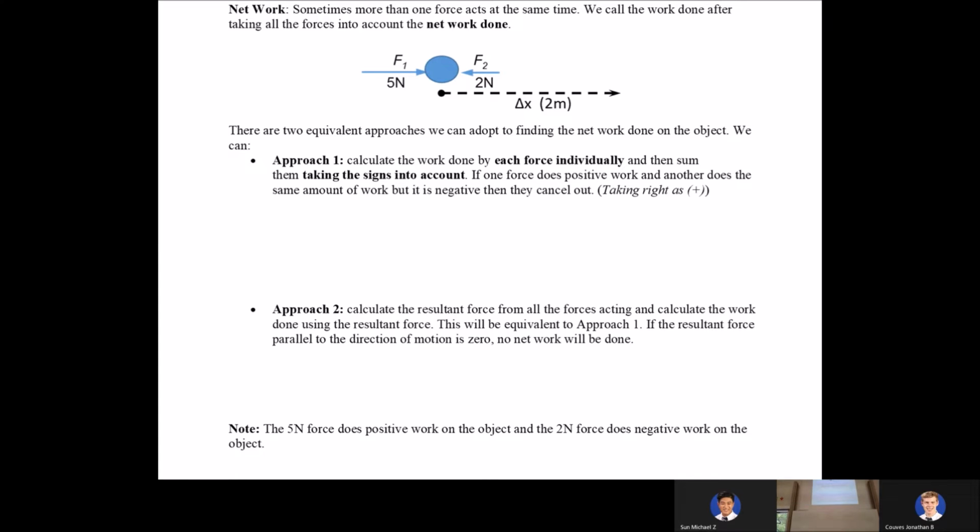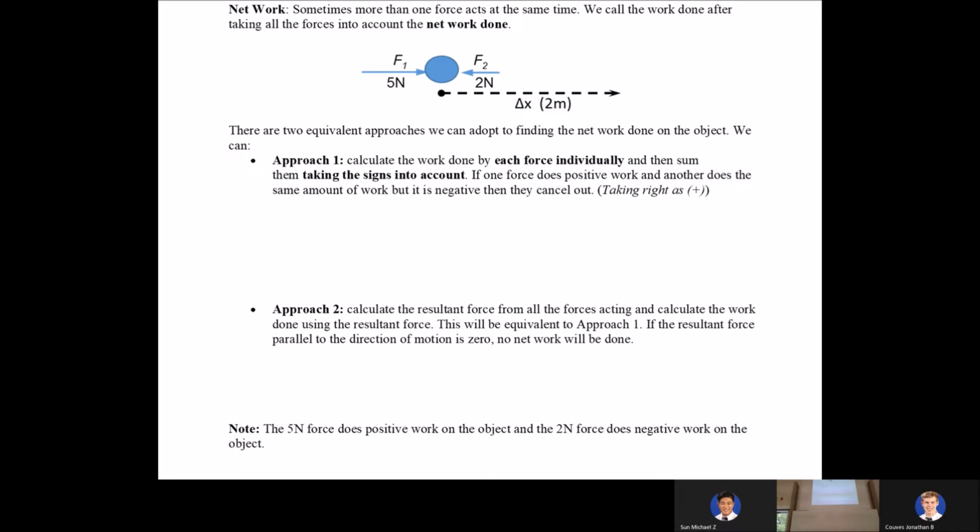So in this first example, calculate the work done by force F1, and then calculate the work done by force F2, and then add those together. Going in the negative direction, you say negative 2 meters? No. You're going to get the negative from the angle, from the 180.